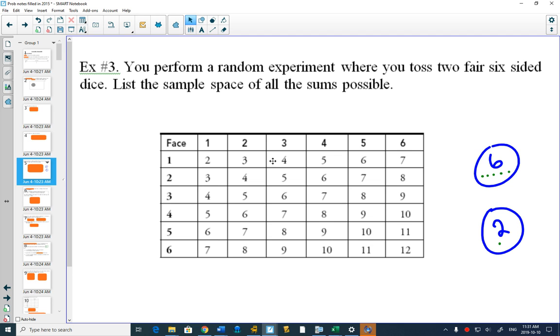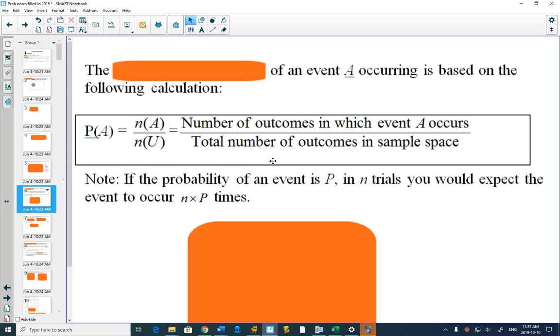So then you look at this and you say, well, what is the most likely thing to roll? Can you see that a 7 happens more often than any other number? The theoretical probability of an event occurring is based on the following calculation: the number of outcomes in which event A occurs, and the total number of outcomes.